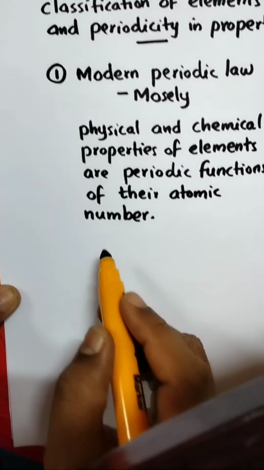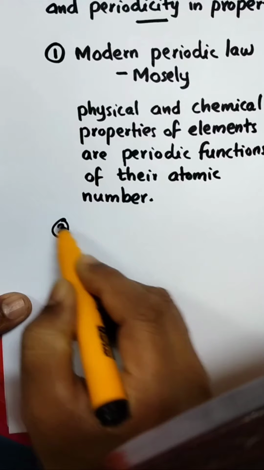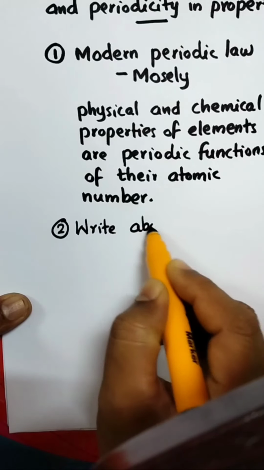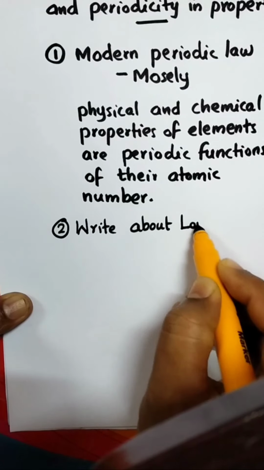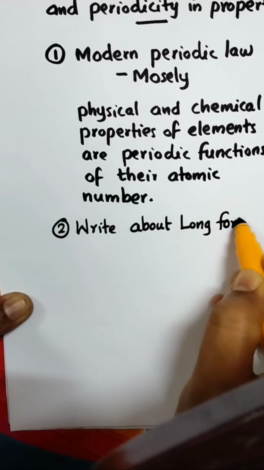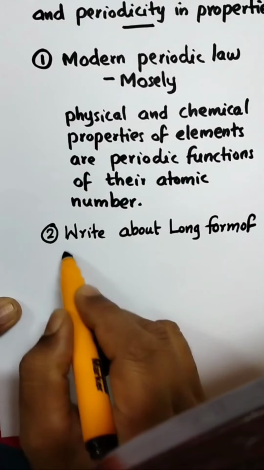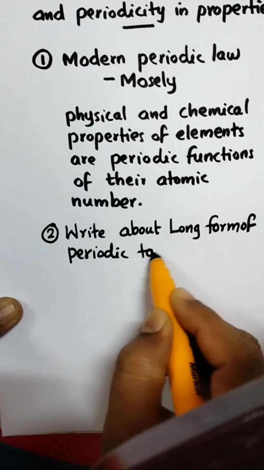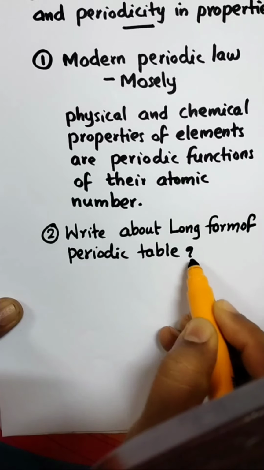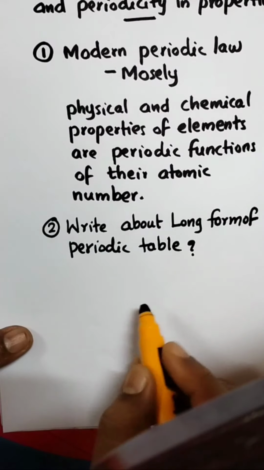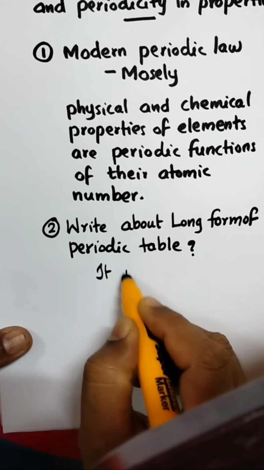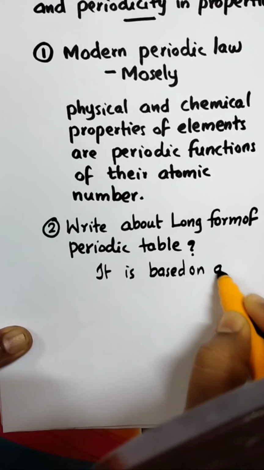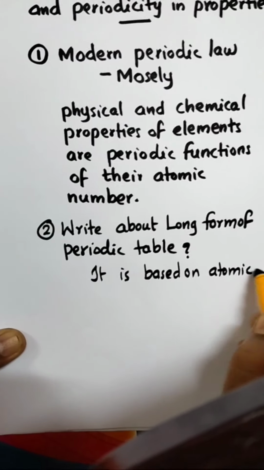Then second question, write about long form of periodic table, or write about modern periodic table. It is based on atomic number.